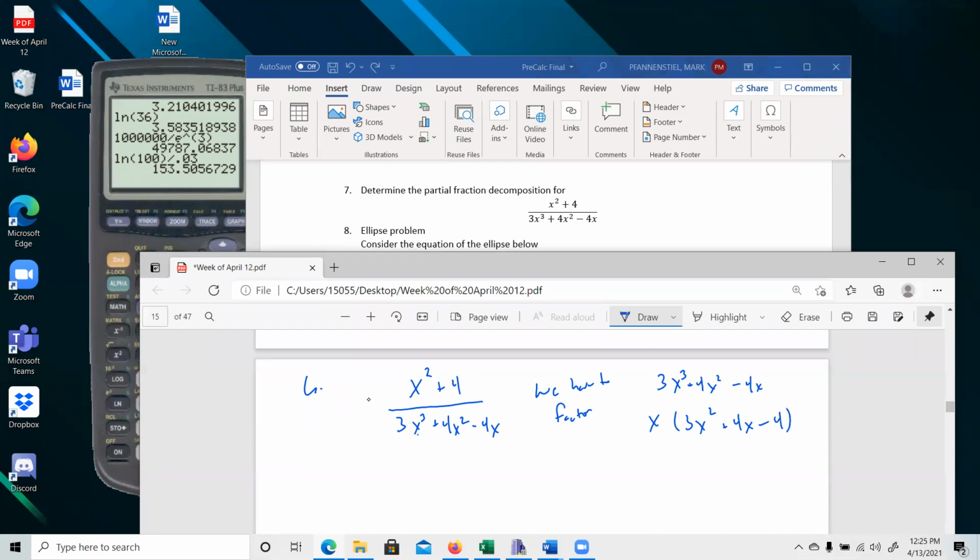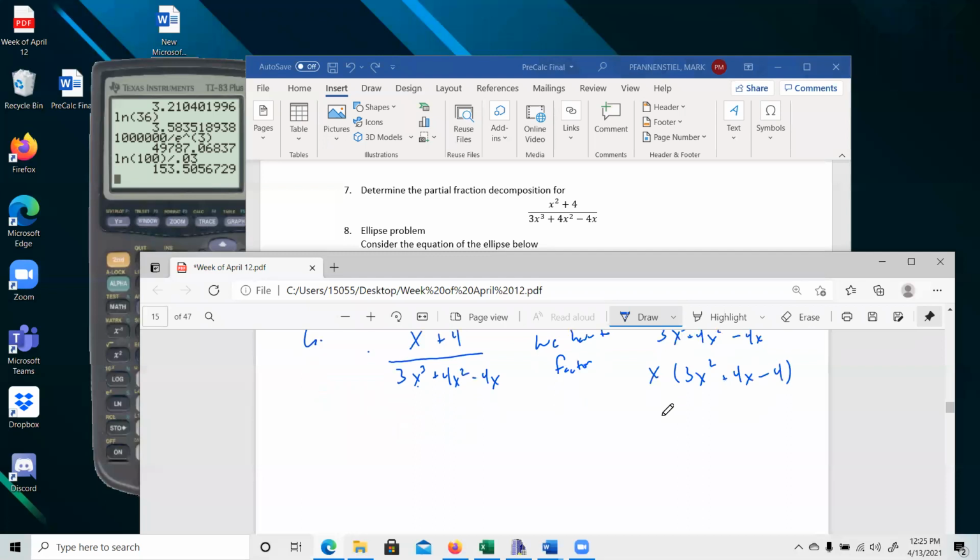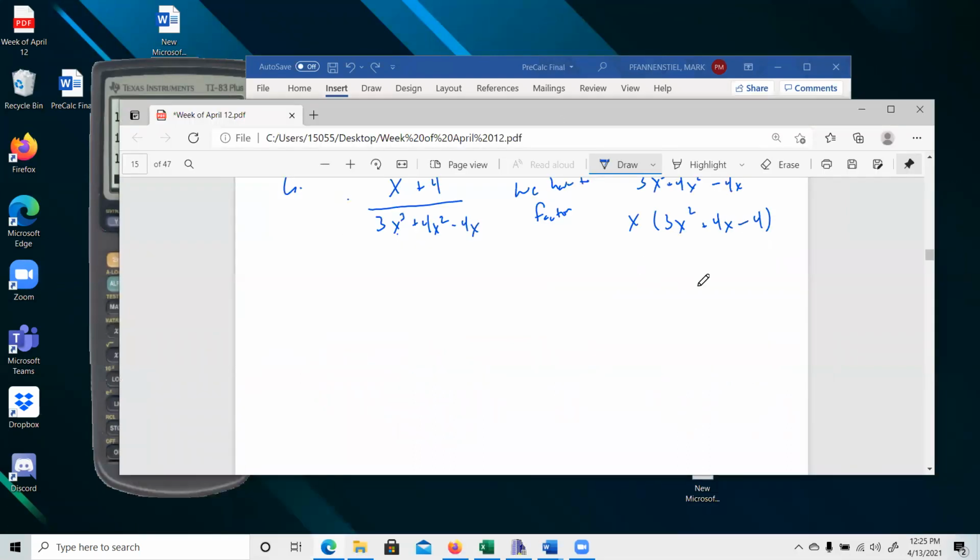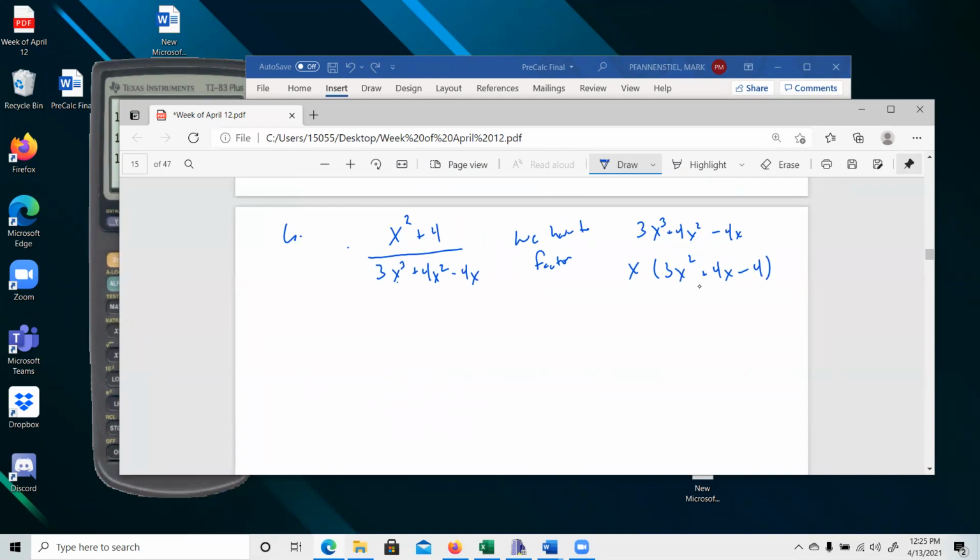The next thing we're going to do is look at this and check it first. I kind of messed you guys up on the last problem. We can always check to see if b squared minus 4ac is greater than 0, the discriminant. If it is, then we know we're going to have two solutions here. So this is 16 minus 4, where a is 3 and c is negative 4.